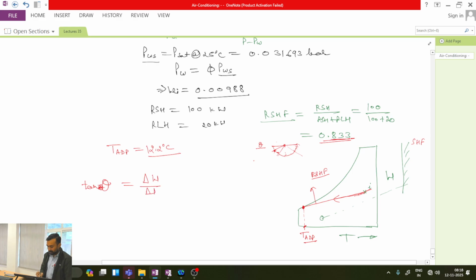Delta W by delta T, which represents the slope of the line.